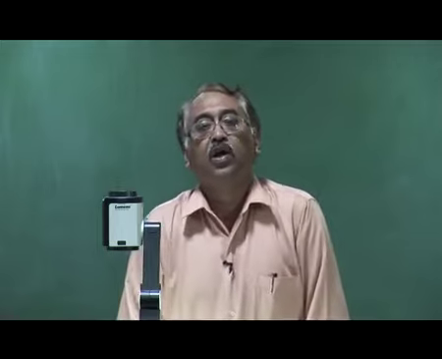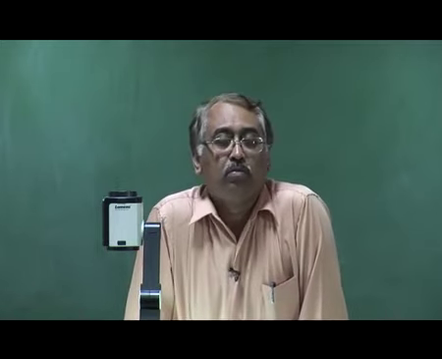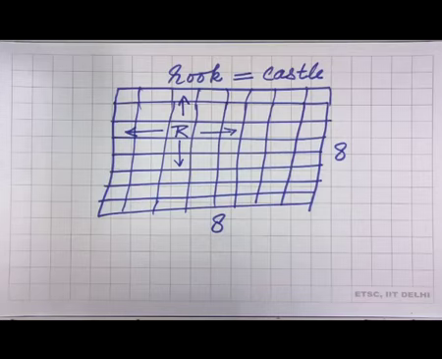So 2 rooks which are in the same row or in the same column kind of attack each other. They kind of come in each other's way and they kill each other.